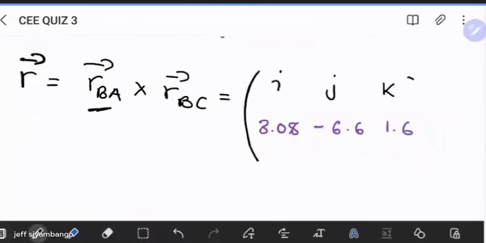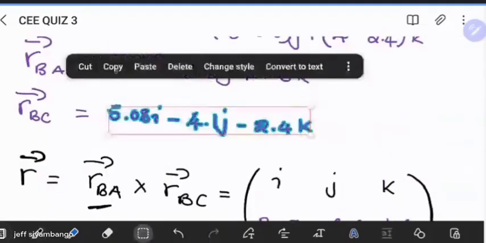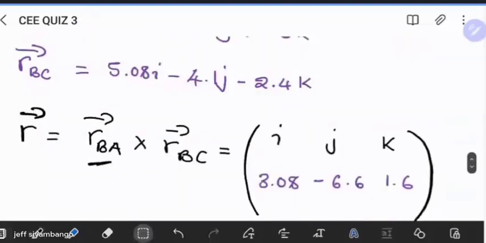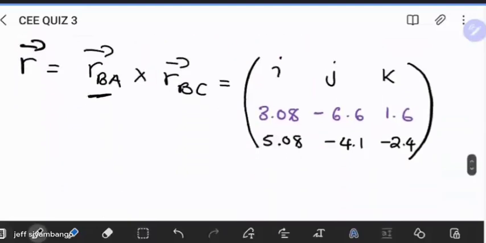Next, I need the other one, which is RBC. RBC, this is the one here. And let me just write it down to avoid the hassle. It's 5.08, minus 4.1, minus 2.4. At this point, let's perform the cross product. Again, in this method, cross product is done as if you're just getting the determinant of a 3 by 3 matrix, as you have seen.